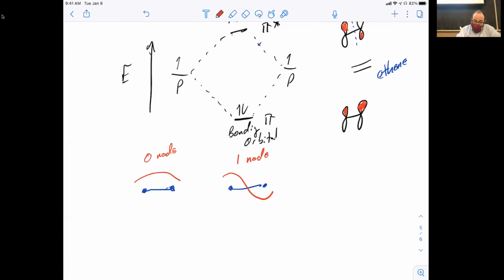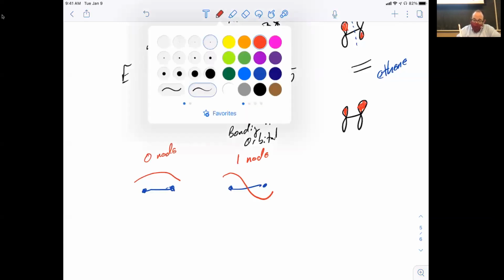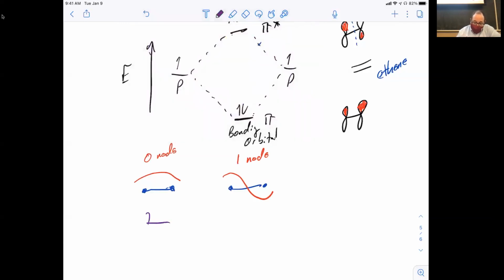If I then draw, and this is really just kind of an aid, if I then put p orbitals here, and I look at the string, I can go back in and shade it and say, okay, that string was on the top side, so I'm going to shade both of those sides. And over here it crossed, so I'm going to shade that one and that one.